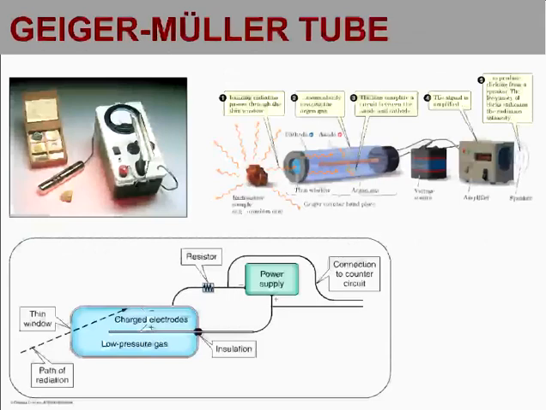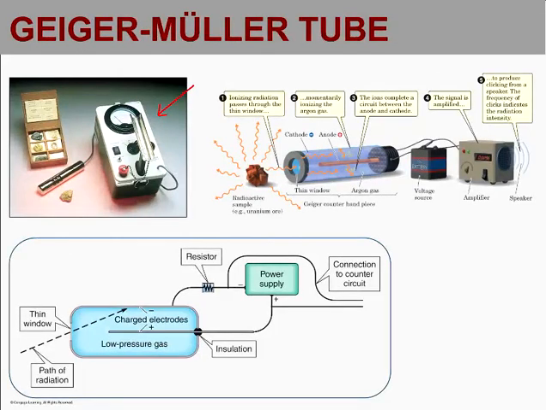Now, a Geiger-Müller tube is shown up above, and it has this tube off to the side, and then it also has a meter on it. And basically in that tube is argon gas or a similar gas, and the argon gas can be ionized by radioactive elements and their decay products.